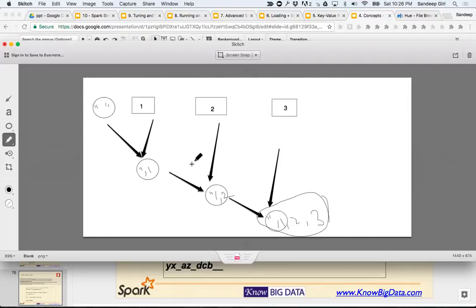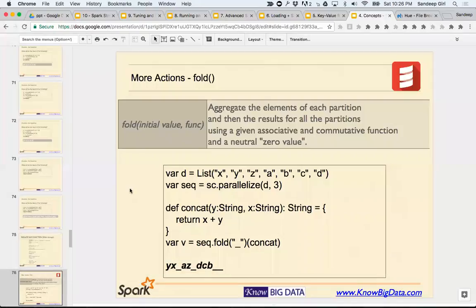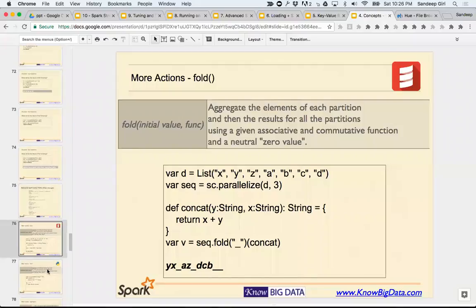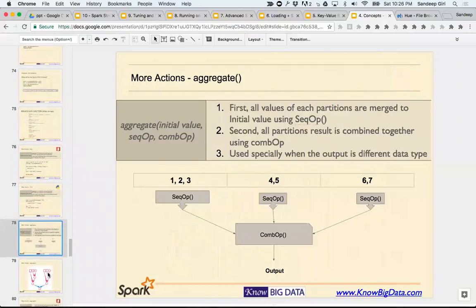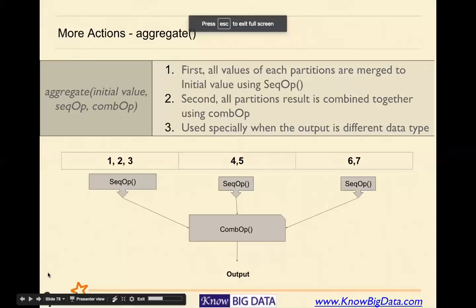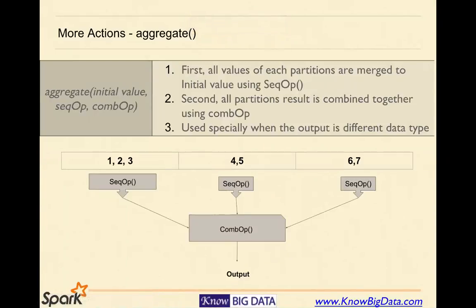All right, but a more flexible function is aggregate. This is a very important function. So we faced a problem with the reduce function, and the problem was that the output data type of a reduce function should be the same as both arguments, and both the arguments should also have the same data types.